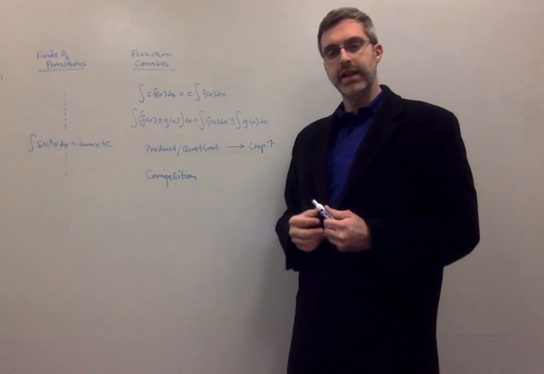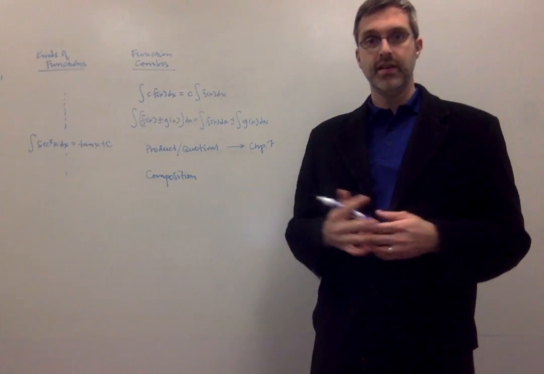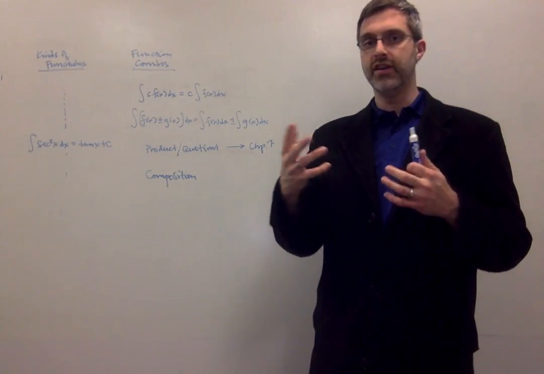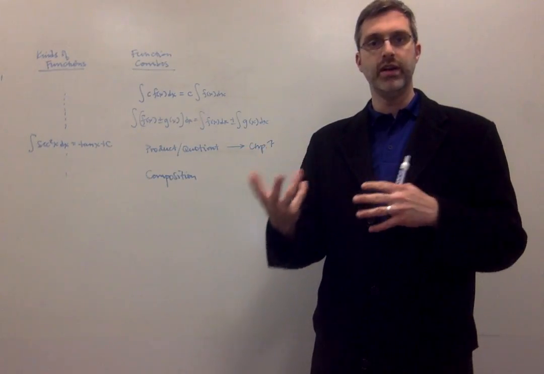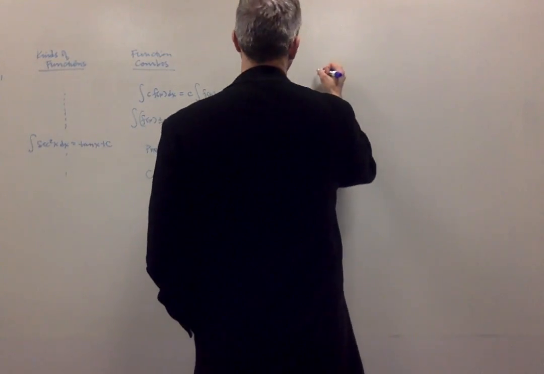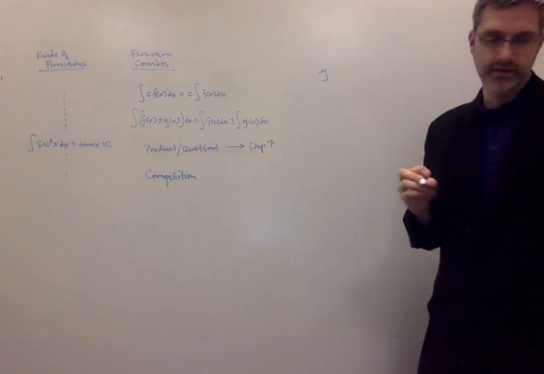The challenge that we have with antiderivatives is you have to kind of know where the function came from, where it is that you're coming from. Let me give you an example before we go on to anything.